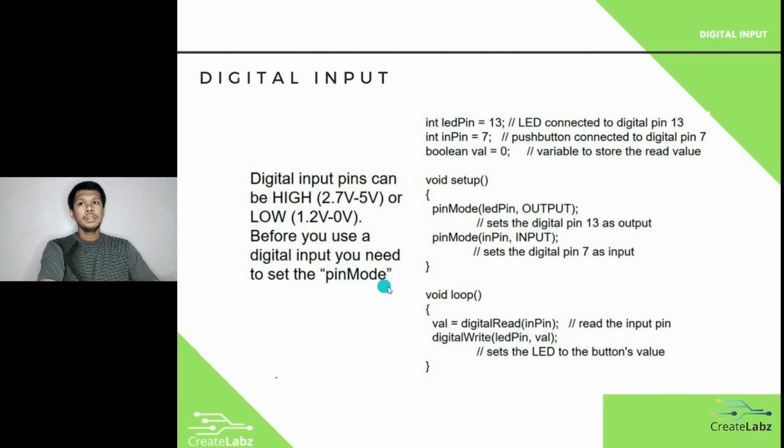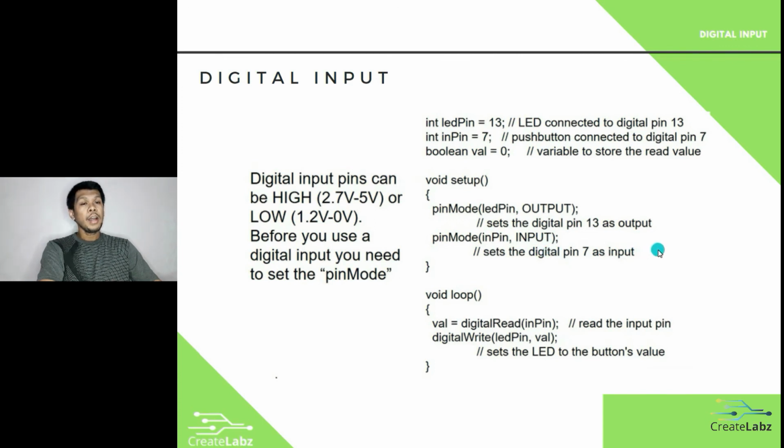So here, we introduce this part, pinMode, inPin, and then comma, INPUT. Notice now that we have two pinModes. The first one is for the LED pin, which is OUTPUT, since we are going to set the value of the LED pin. The next pinMode, inPin, is INPUT, since we're going to read the value on the pin. Notice the difference.